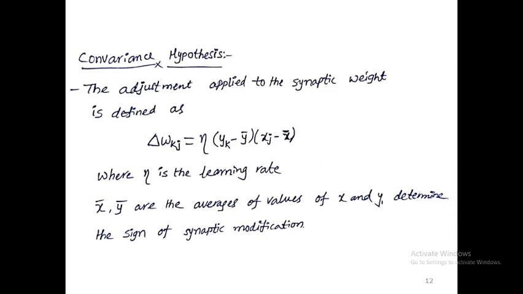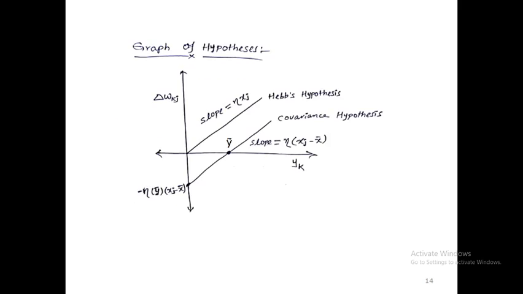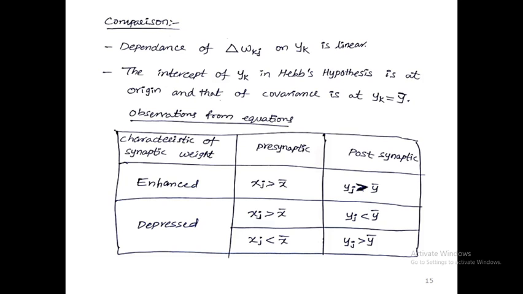If either of the relations, yk with y bar and xj with x bar, goes the opposite way, that means yk is less than y bar and xj is greater than x bar, one is positive and one is negative, then the change in weight will be negative. So the weight will increase when xj is greater than x bar and yk is greater than y bar.